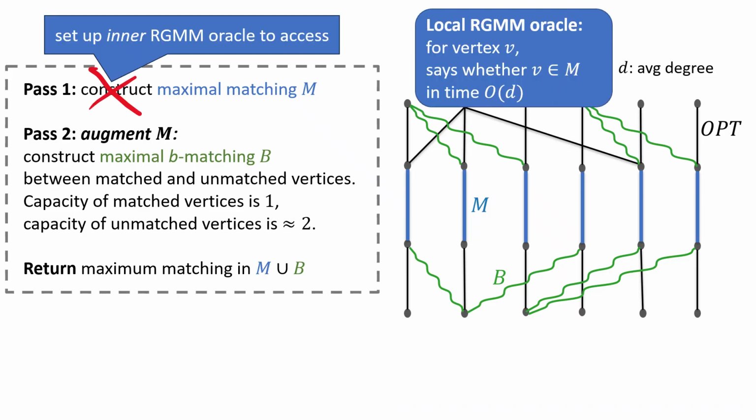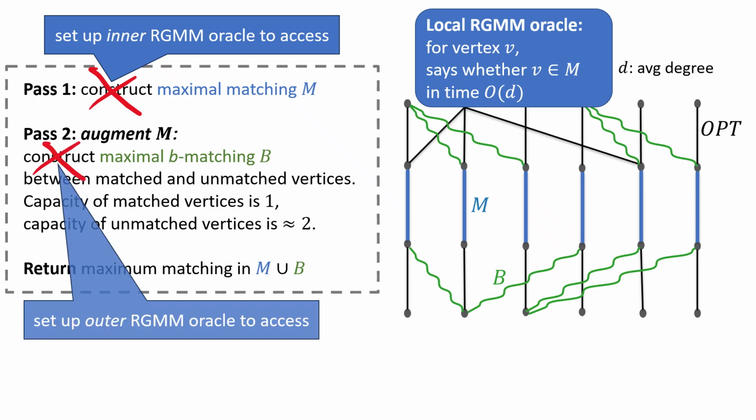So what we do instead is we keep the matching in our heads and set up our GMM oracle, the vertex oracle, so that if you query a vertex, it can say whether that vertex is matched in M. For the B matching, we also cannot compute it, so we also set up an oracle to say whether something is in B.